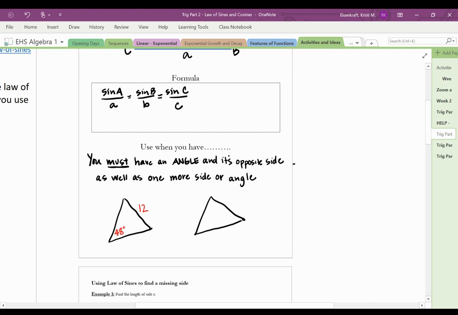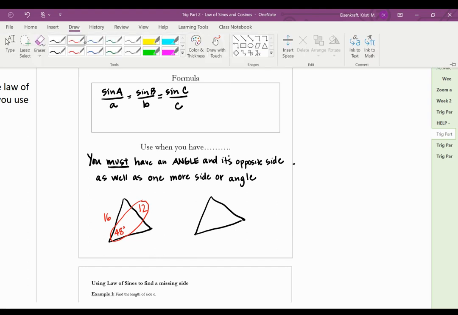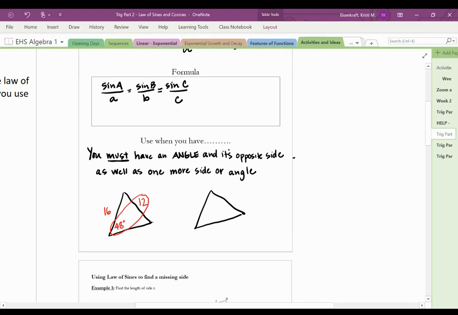I have an angle and its opposite side. I would need one more piece of information. So maybe I would have another side like this one. Let's say it was 16. Then I could use law of sines. What I wouldn't know here would be this angle here. I could help find angle B.